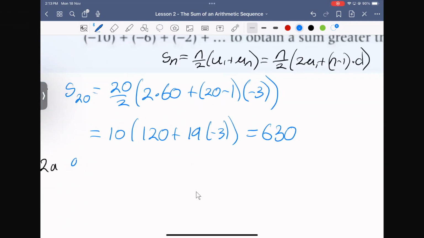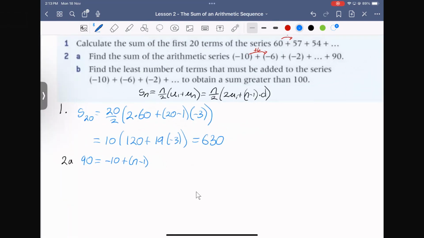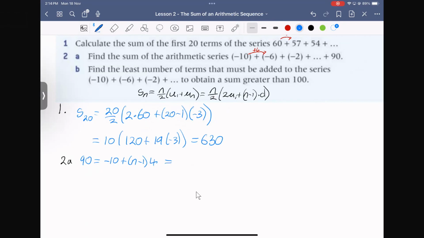So we need 90 is equal to, and the first term is negative 10, first term plus n minus 1 lots of d, and d is 4. This means n is equal to how much? Let me just work it out. So it's 100, it's 25, 26.